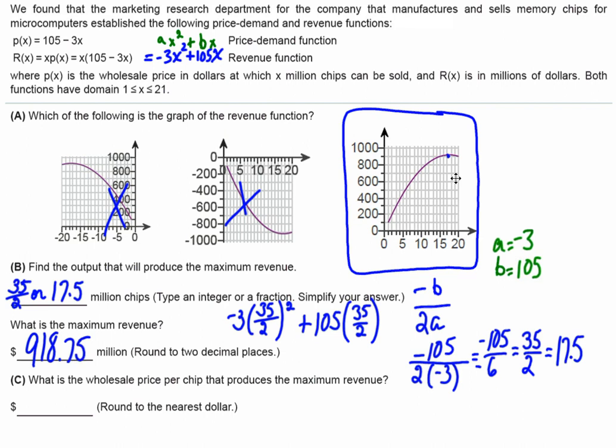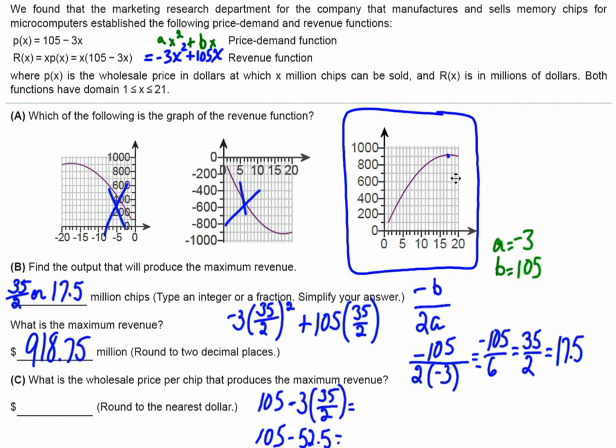And the last one says, what is the wholesale price per chip that produces the maximum revenue? So we're going to take the 105 minus 3 times the 35 divided by 2, and we'll get, well, I'll write down here, 105 minus 52.5.